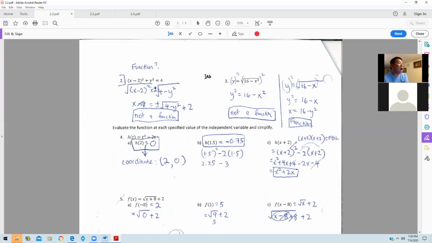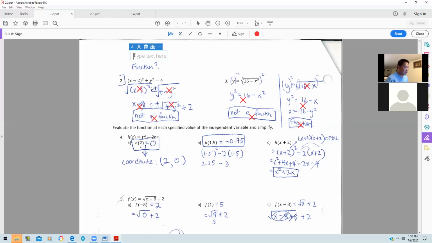Next, I give you equations and you have to figure out if each is a function or not. So for question 2, I give you this. This is a hard way to do it, so I wouldn't recommend it because it's too much work. I'll recommend this way.